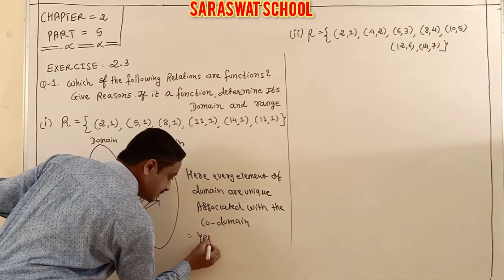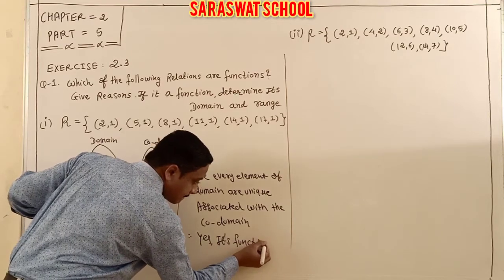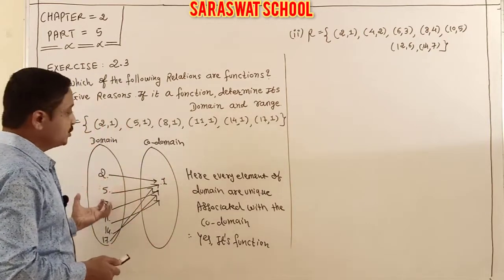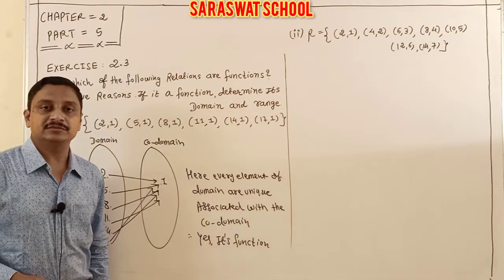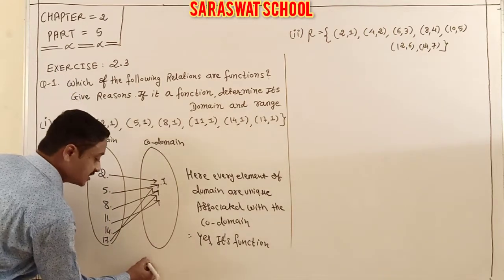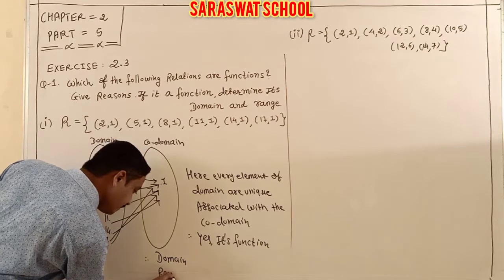So yes, it is a function. Again, to repeat: in a function, every element of the domain is uniquely associated with the codomain. So yes, this relation is a function, and after that the domain and range are defined.